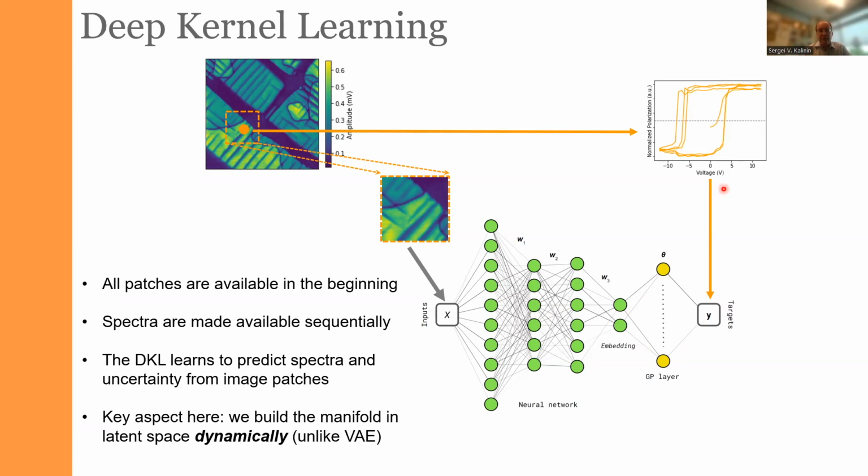It's just the dynamic nature of the learning process. There is, of course, a price because VAE will work equally well or poorly, if you will, for any optimization task. Deep kernel learning will work well for the task on which it was trained and will work much worse for the tasks that it was not trained on.